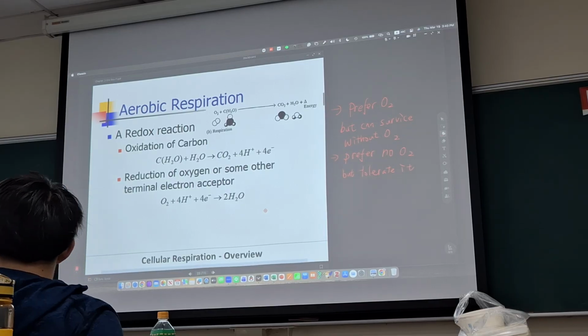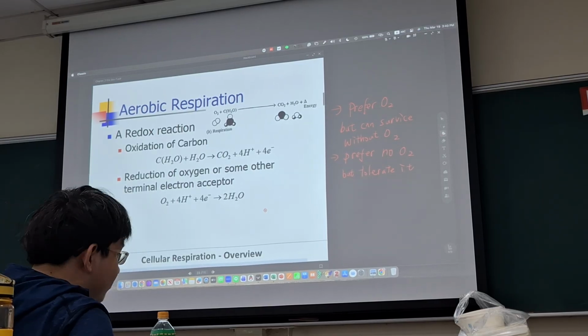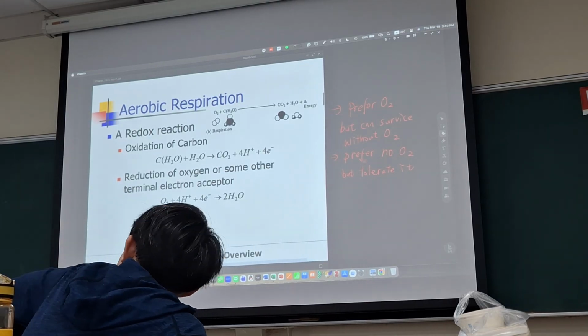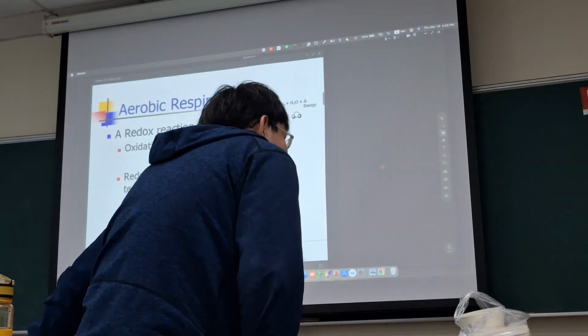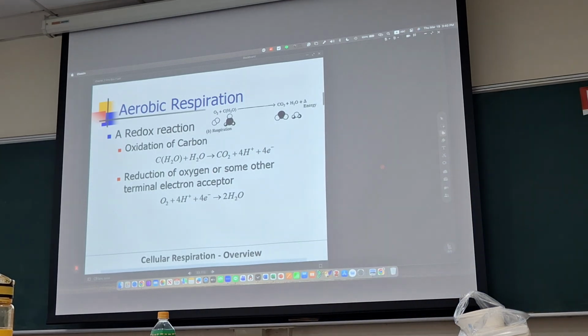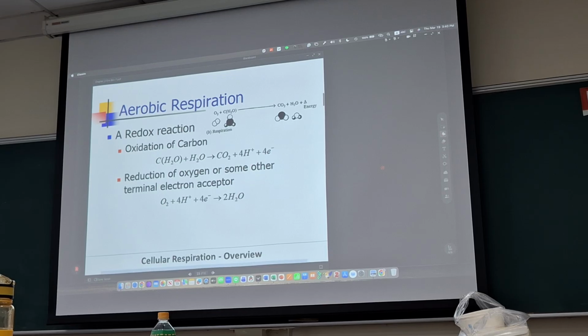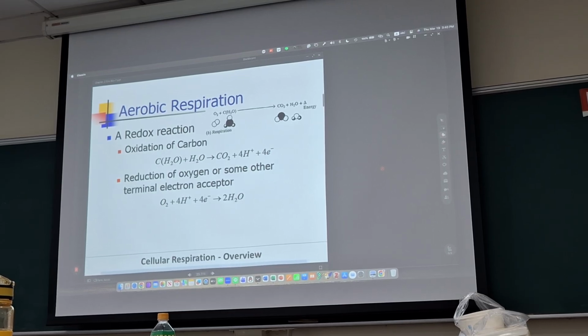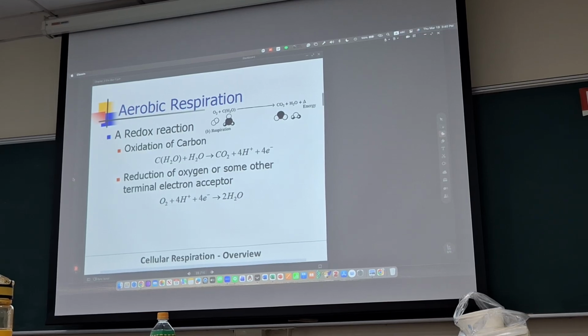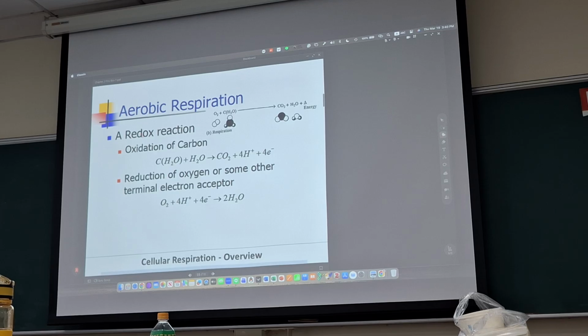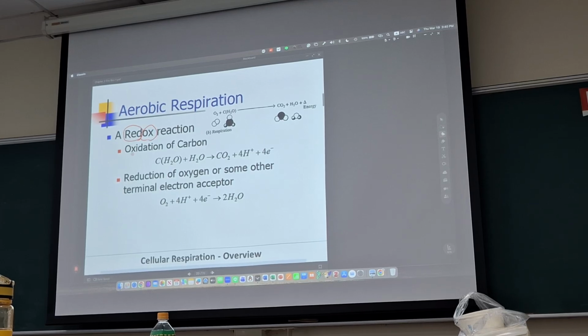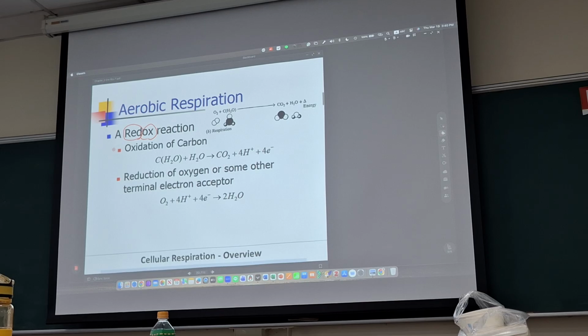Okay, let's see here. Anaerobic respirations. Okay, we break this down into two parts. As I mentioned, redox stands for oxidation and reduction, right?